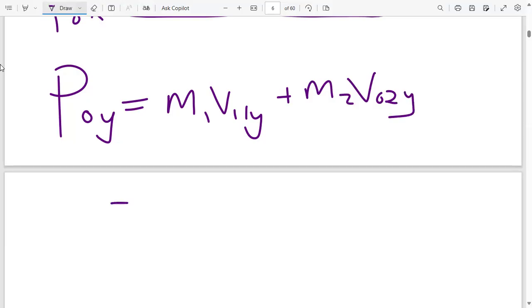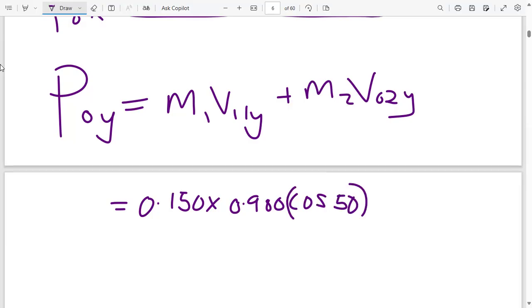Okay, so what do we have? We have our mass of 1, which is 0.15, multiplied by the initial velocity in the y. We said this is going to be equal to 0.900 cos 50. Since the y-axis is adjacent to the theta in our diagram, it is going to give us this.